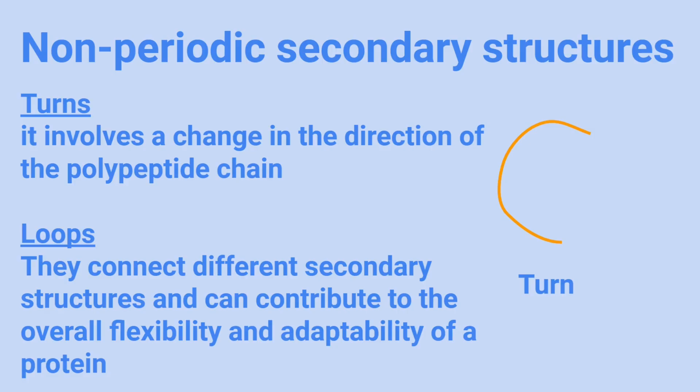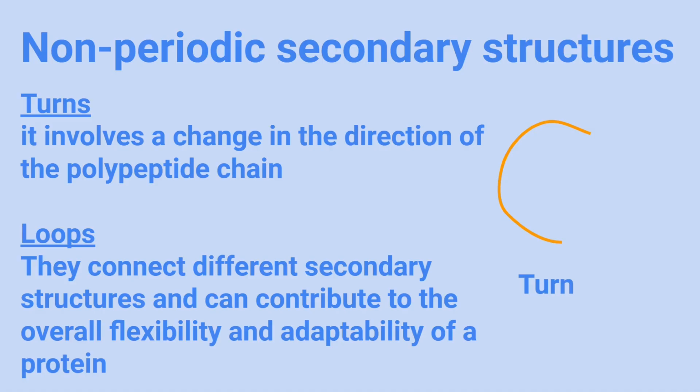A turn is a type of secondary structure in a protein that involves a change in the direction of the polypeptide chain. Turns are characterized by a tight bend or loop in the protein structure, and they often connect different secondary structure elements, such as helices and strands.